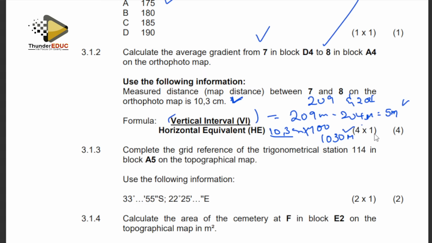So we put it in the formula. It becomes 5 meters over 1030 meters. All right. So what do we do? We divide by the smallest, because the answer must be in the ratio.